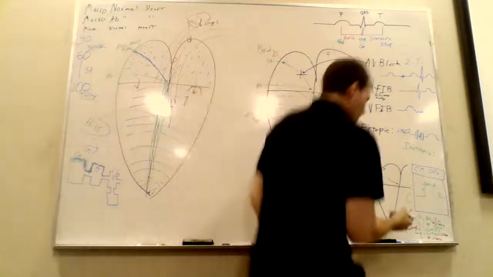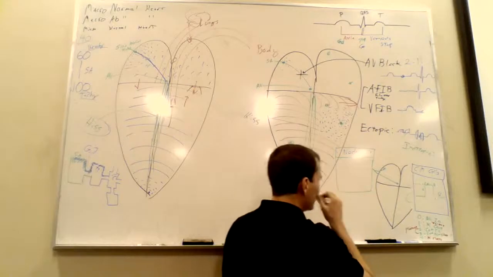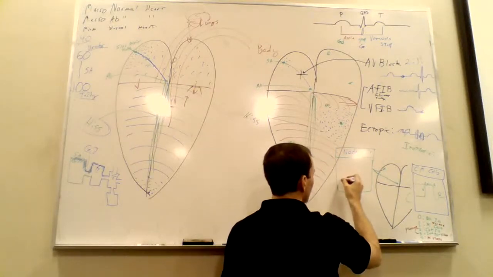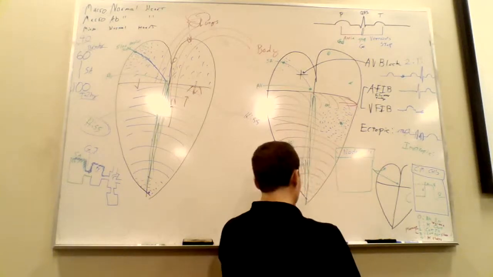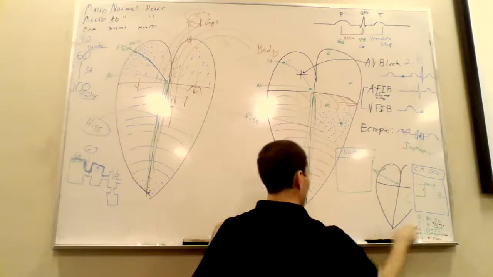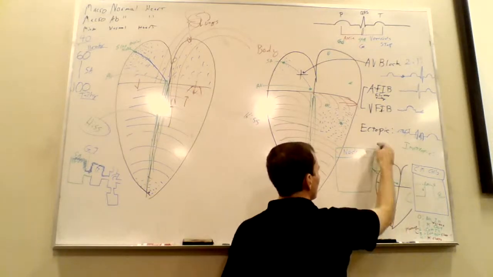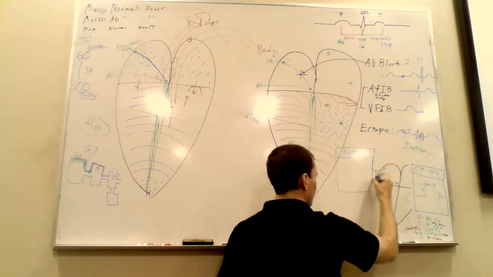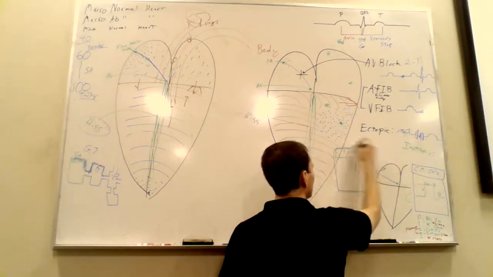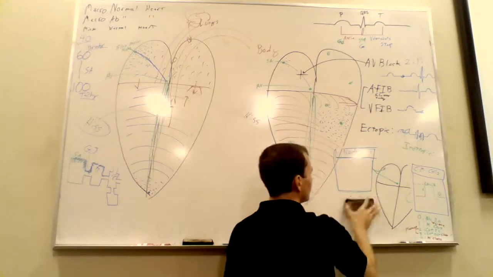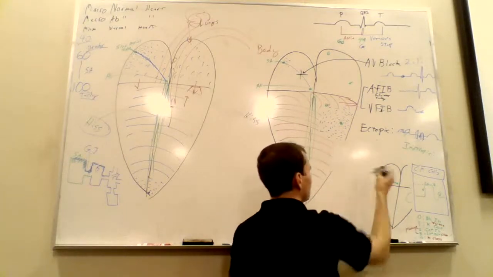They just have really two differences. So let's go ahead here. They call node cells anything else? Node cells are SA node or AV node. And I'm going to go ahead and not make this whole thing green because that'll drive me nuts. All right.